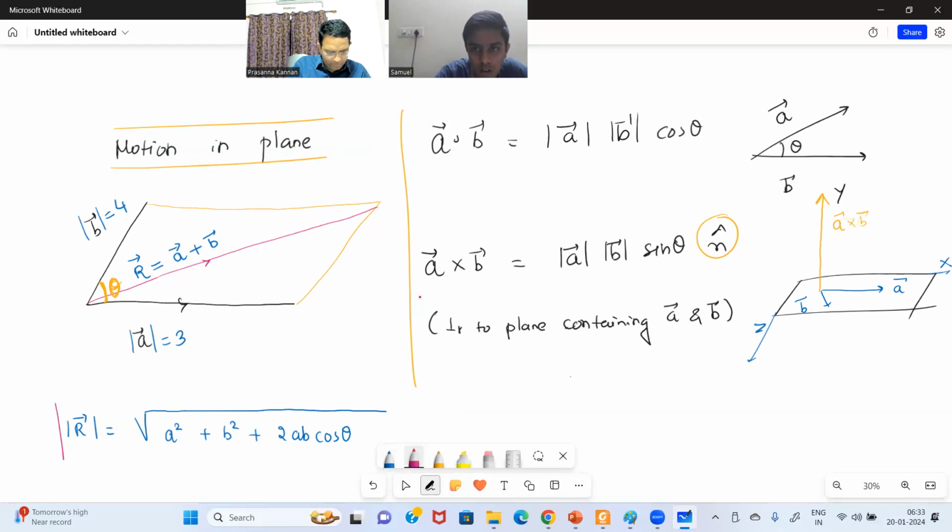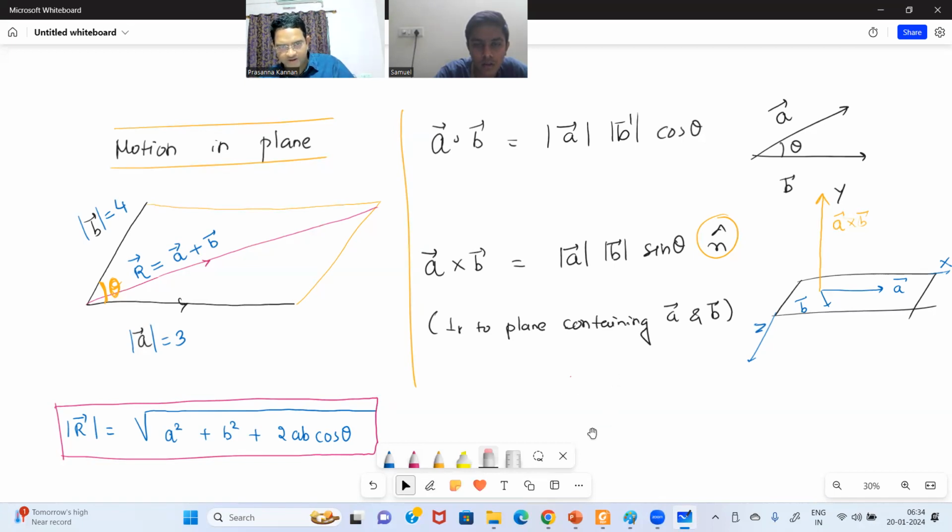We are not going through the derivation of this, but we are taking the result because that will be important for solving numericals. But in the text, the derivation is given, you can go through that. Just by some construction, you can draw a perpendicular so that you get a right angle triangle. Then you apply Pythagoras theorem for two triangles, then you will get this result. So R equals root of A square plus B square plus 2AB cos theta.